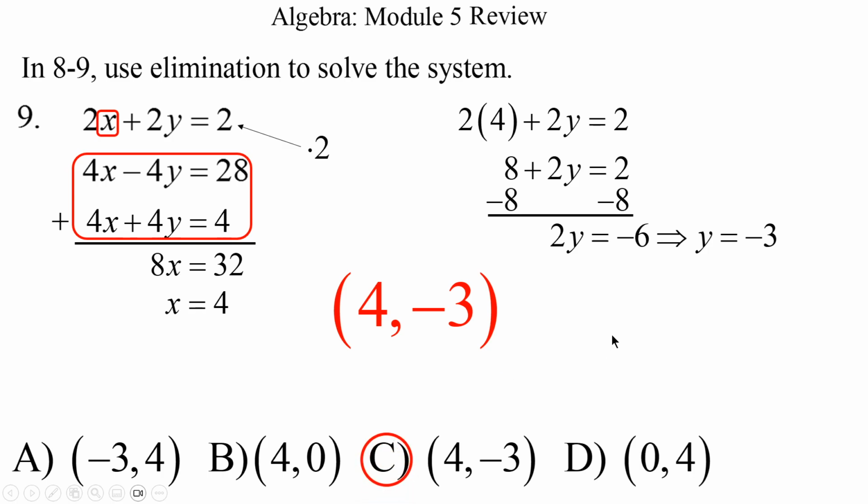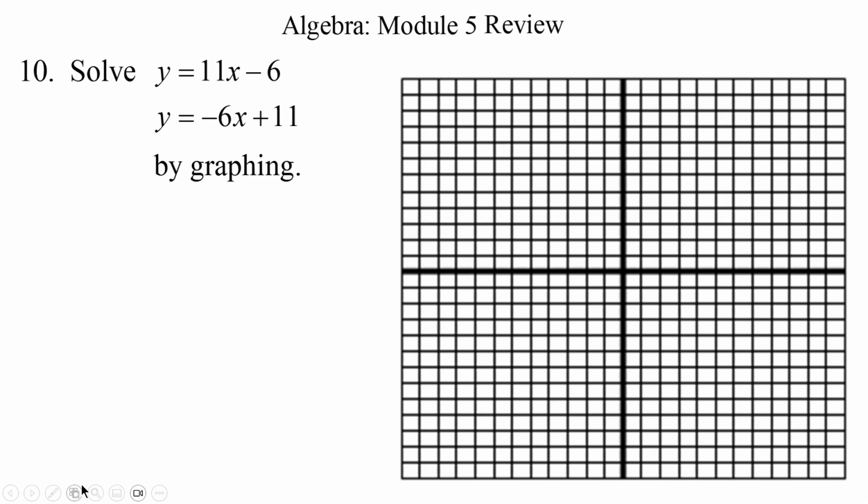Answer is C. 10. Solve y equals 11x minus 6 and y equals negative 6x plus 11 by graphing. So now, on this one, they want me to graph the two lines and find the intersection point. We got slope-intercept form too.